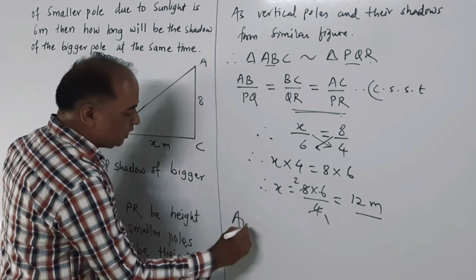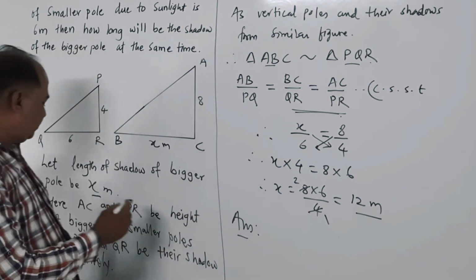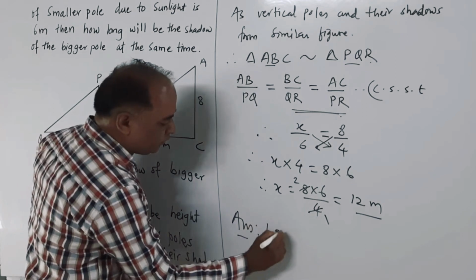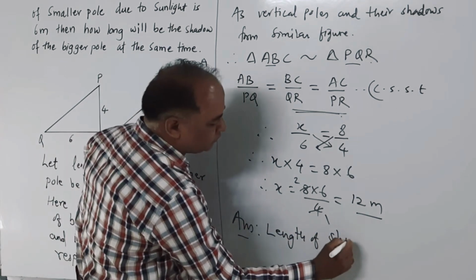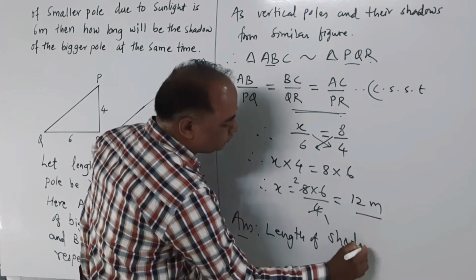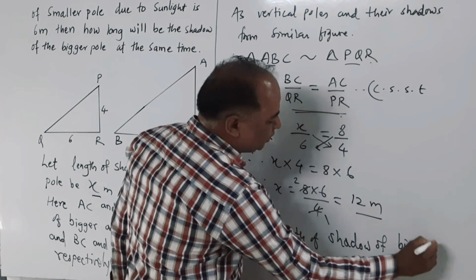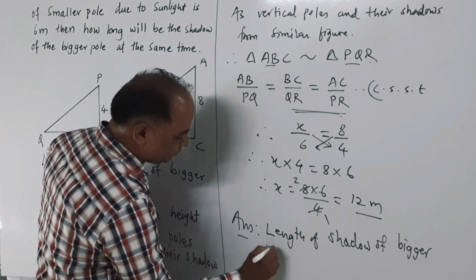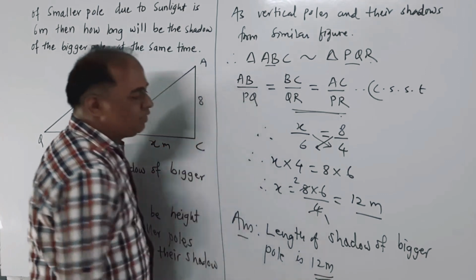That is, the length of the shadow of the bigger pole is 12 meters.